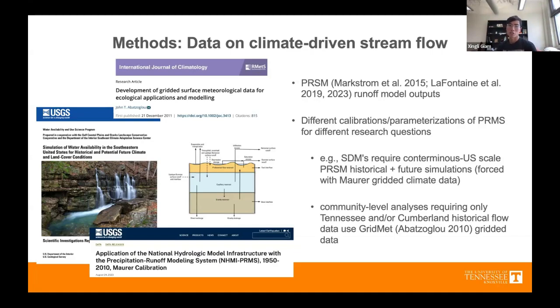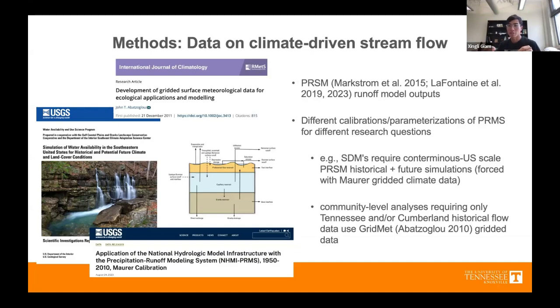And that data is forced with the gridded climate forcings produced by Moore. Then for the community-level analysis, because it requires only current, contemporary data, since we are looking at how fish communities have changed in the past 30 years, we actually took the model, and Guido worked with Jacob to run the model using our own climate forcings that we derived from GridMet.